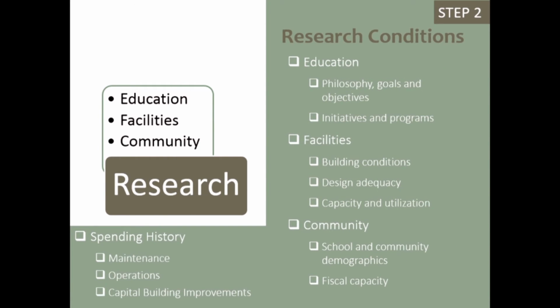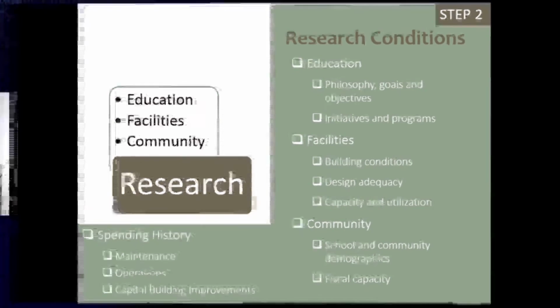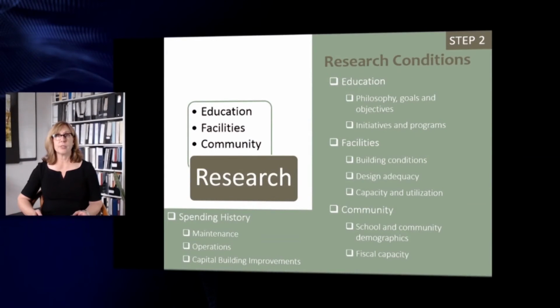In Step 2, a technical team of planners, demographers, architects, engineers, and maintenance managers will collect and analyze factual and descriptive information about the schools and community. This ensures informed participants in the process and that decisions are based on facts and data, not good guesses or pure politics.